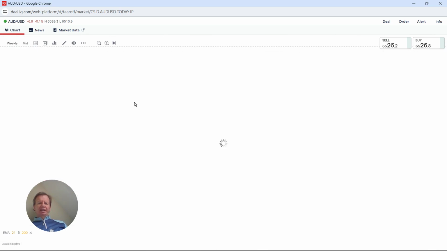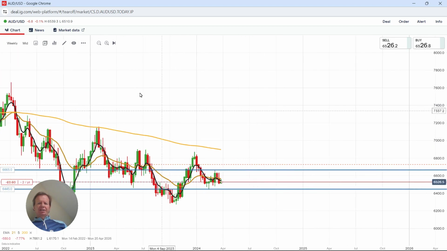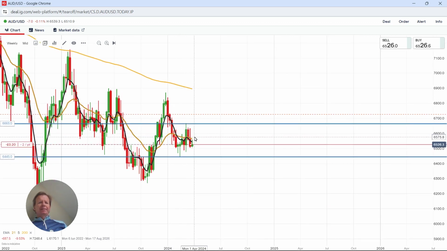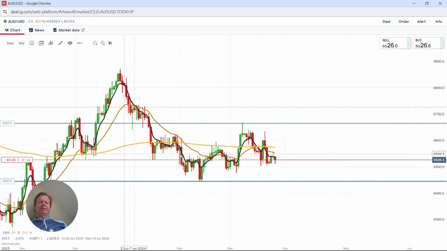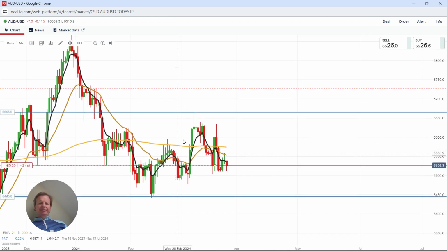This is the weekly. If you look at the weekly, yet again you can see here, since 2023, into 2024, it's been coming down, it's tried to go back up again. Now I'll just cross to the daily chart, because you see these two blue lines here, I've put in the bottom one here.